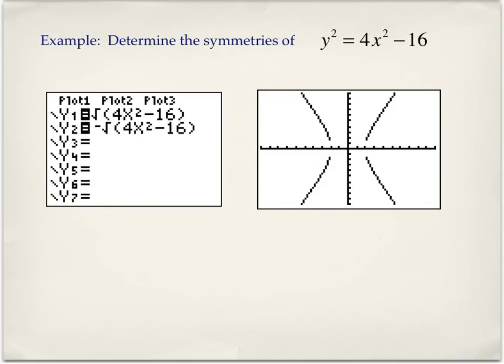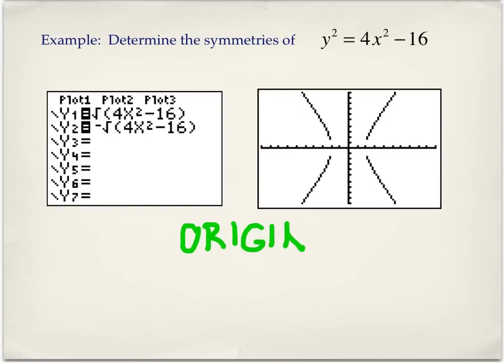And here's the result. Again, this is another one of these hyperbola type things. What would you say about the symmetries here? Well, is this going to be symmetric with the origin? If I rotate this 180, is it going to look the same? I think in this case we can say yes, that it will. And so the origin is going to be one. What about any of our y equals lines? Well, it certainly looks like the y-axis would work, doesn't it?